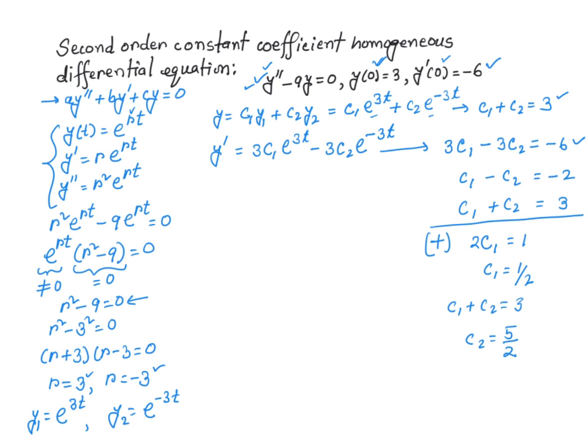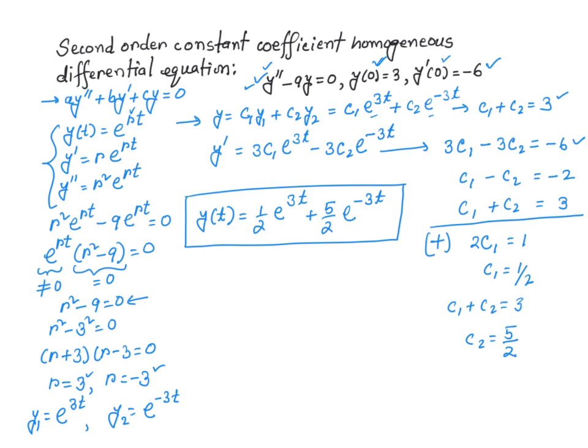So my final solution is going to be y of t is equal to 1/2 e to the power 3t plus 5/2 e to the power negative 3t. And this is going to be the solution to this differential equation with these initial conditions.